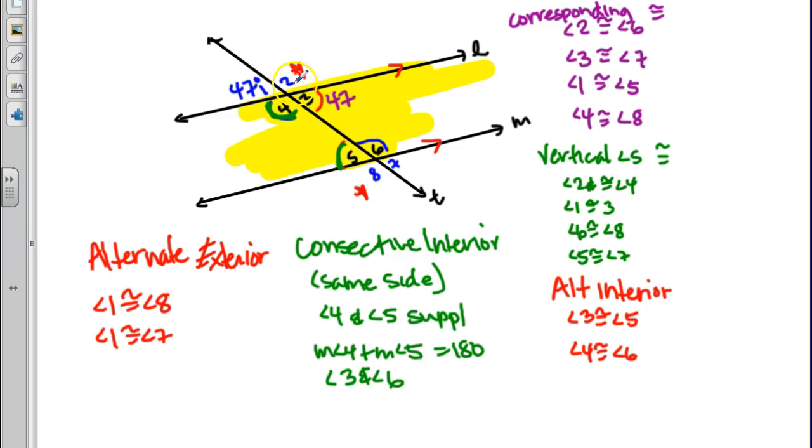You know these two are a linear pair, so angle 2 is 180 minus 47, which makes it 133. That makes this one 133. I know that alternate interior angles are congruent. That makes this one 133. That makes this one 47 because they're a linear pair, and I don't know why I wrote 45, just to make sure you're watching, I guess. Then I have vertical angles and vertical or linear pair, either one. So bam, give me one of them. We can do all of them.